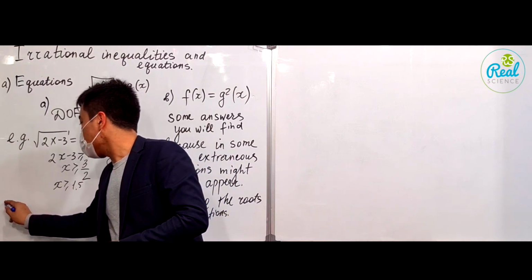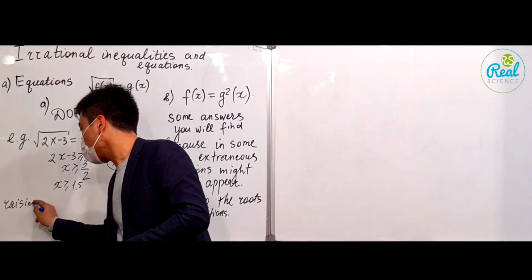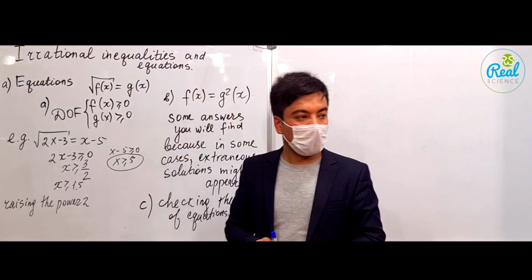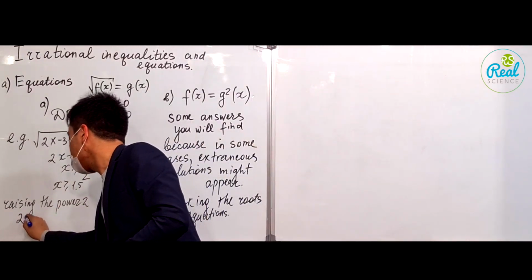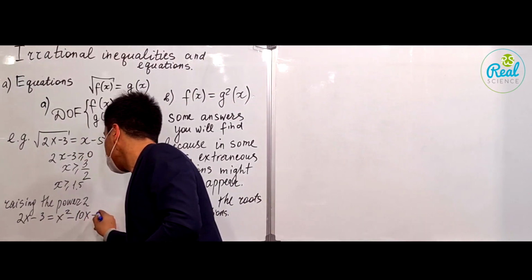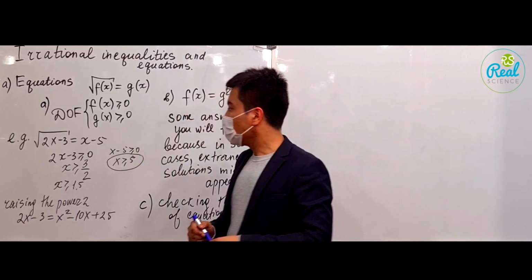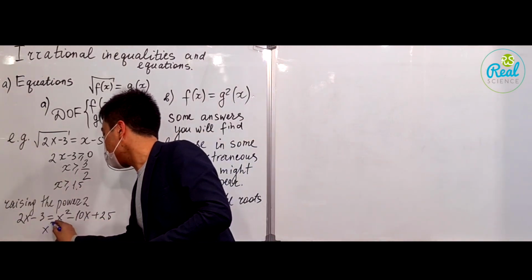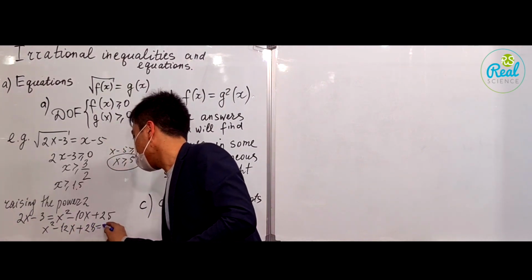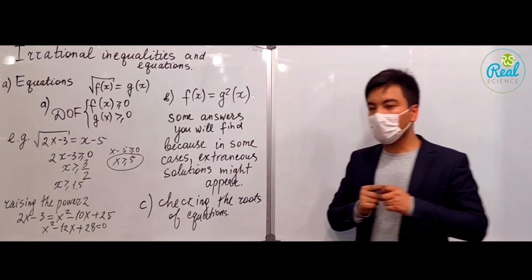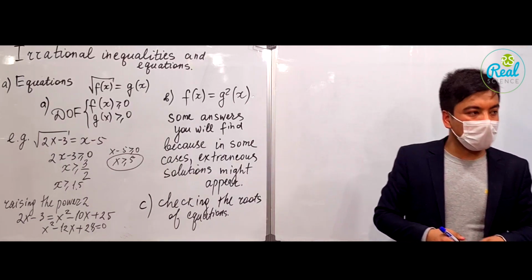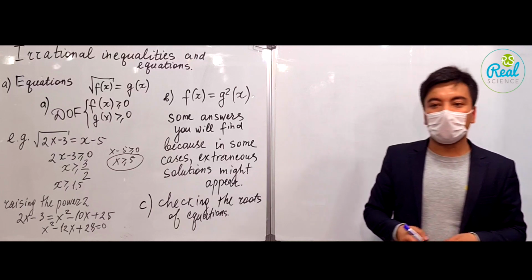So, let's solve this. The next step is raising to the second power. Let's raise: 2x minus 3 equals x squared minus 10x plus 25. And x squared minus 12x plus 28, yeah? And let's find the discriminant before solving this one, because this is a quadratic equation, yeah? If the discriminant is greater than or equal to 0, in this case there is a solution.